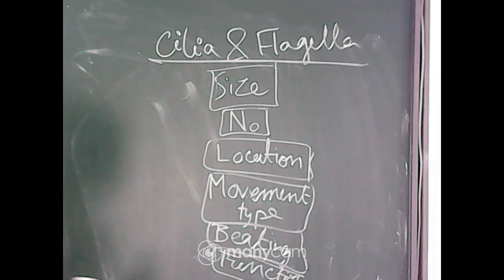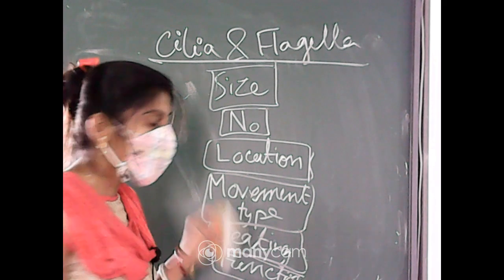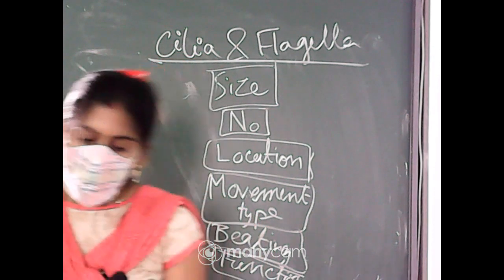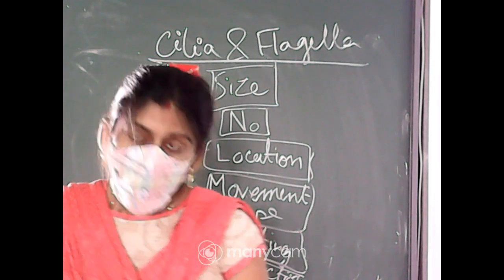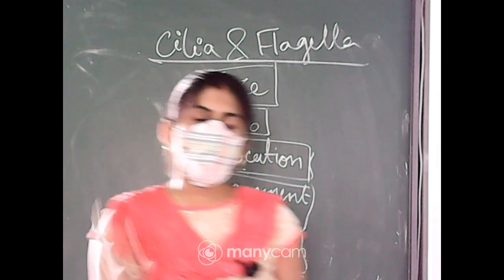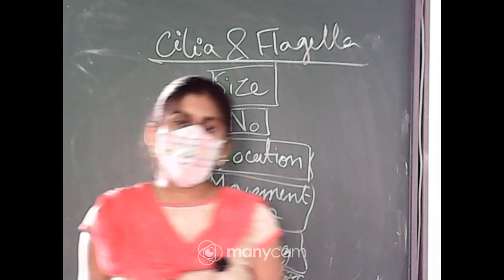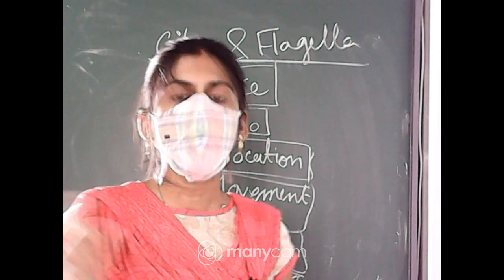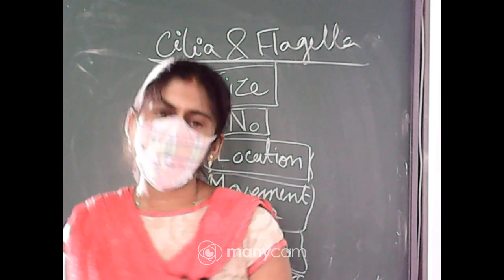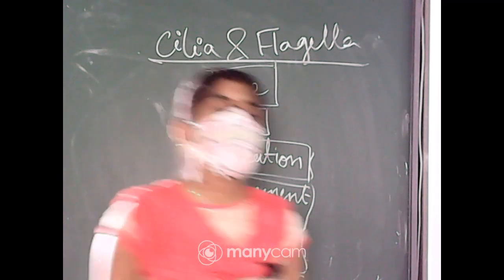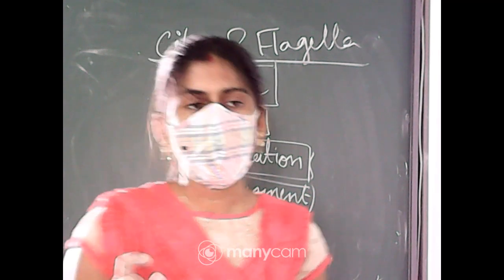Now, with that, we have got the general structures or general criteria of these two. Flagella is quite long in shape and responsible for cell movement. In both prokaryotes and eukaryotes, flagella may be present, but they show some slight differences. In prokaryotes, they are quite small in size, but in eukaryotes, the flagella is quite large in size.